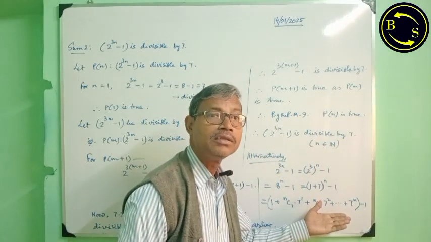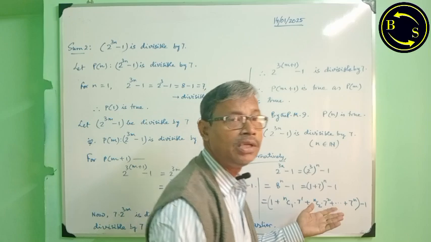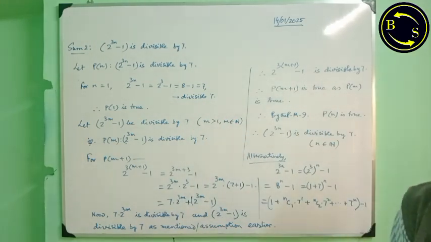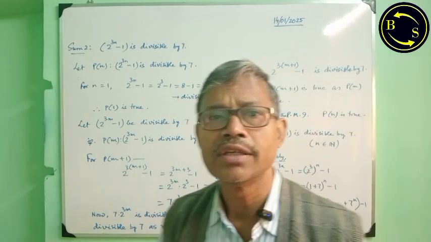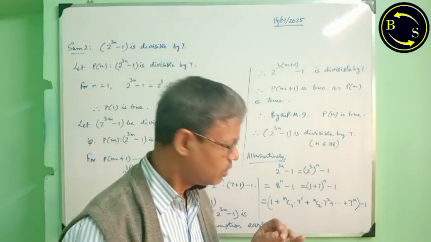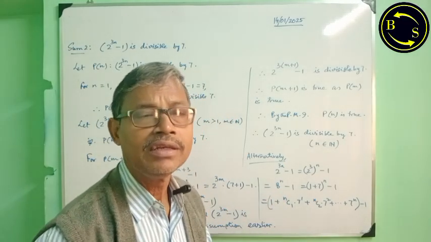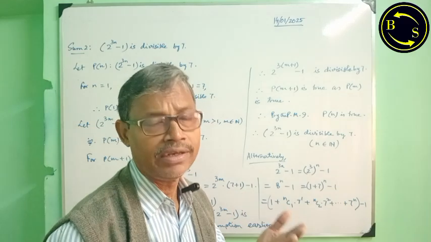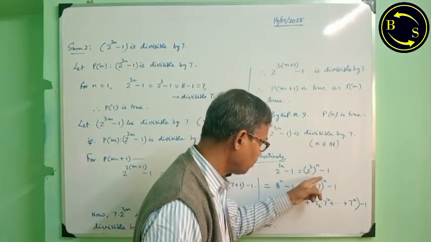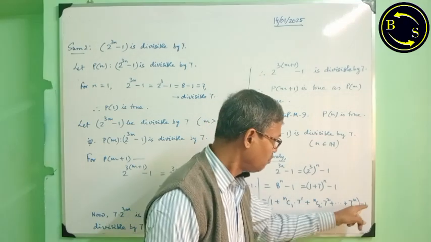I have used here the binomial theorem: a plus x whole to the power n is equal to a to the power n plus nC1 a to the power n minus 1 into x to the power 1, plus nC2 a to the power n minus 2 into x square, plus dot dot, plus the last term nCn into x to the power n, and nCn is equal to 1. That is why 1 plus 7 whole to the power n will be this, minus 1.